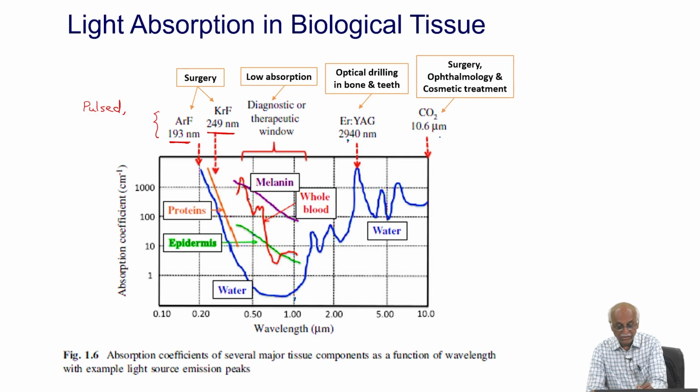There is another band here which also experiences very large absorption by water molecules, and that is the erbium YAG laser. And there is one more wavelength, 10.6 micrometer. This axis is in nanometers and this is in micrometers, so it is a comparatively very long wavelength: the 10.6 micrometer CO2 laser.